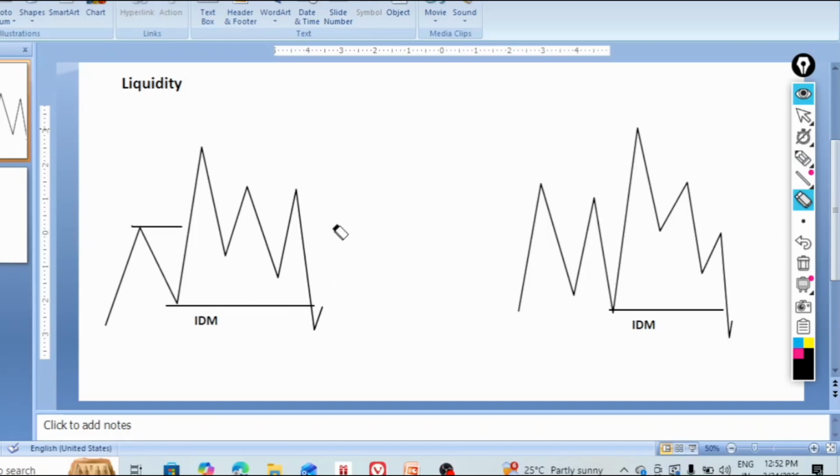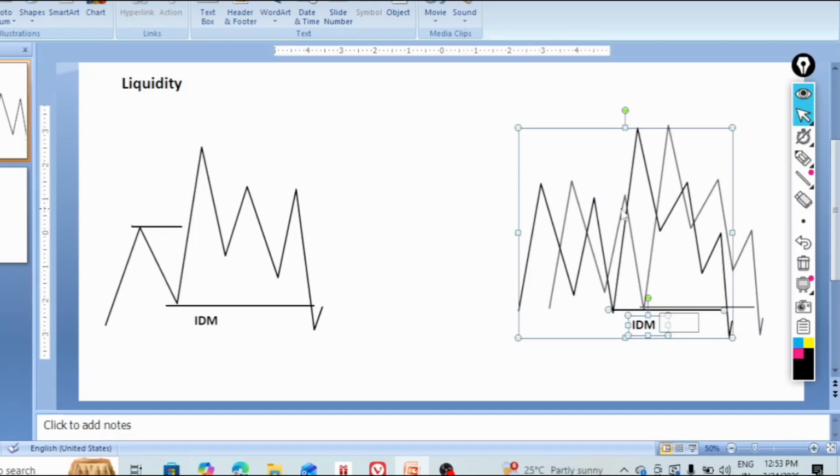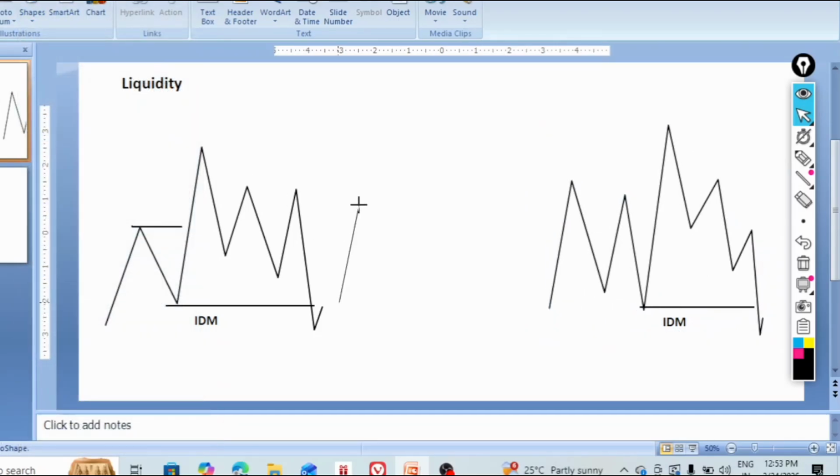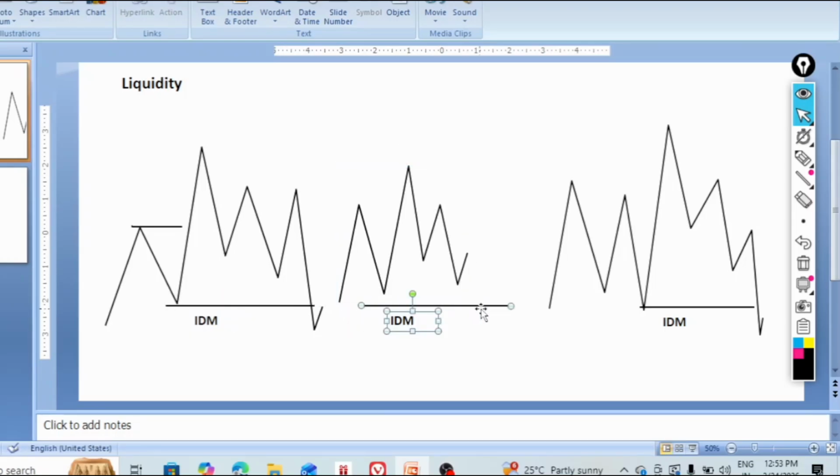Okay, let me give you another example here. The market was moving like this, and then this is the inducement level.